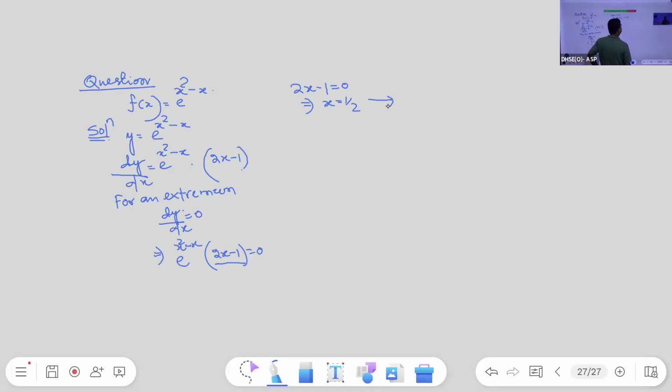Now we have to decide whether this point is a point of local maxima or local minima or neither of the two. Right? 1 by 2, 1 by 2 minus h, 1 by 2 plus h. Let x less than 1 by 2.